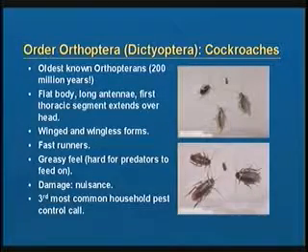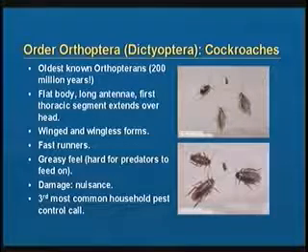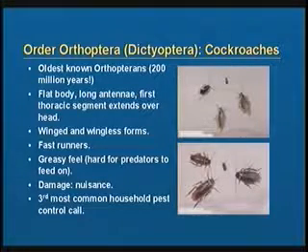I don't think any of you would have a problem recognizing a cockroach. What's really interesting about cockroaches, I think, is that they're very greasy insects, and that makes it difficult for us to use biological control on them. There aren't too many predators that can actually grab on to cockroaches. There's winged and wingless forms.